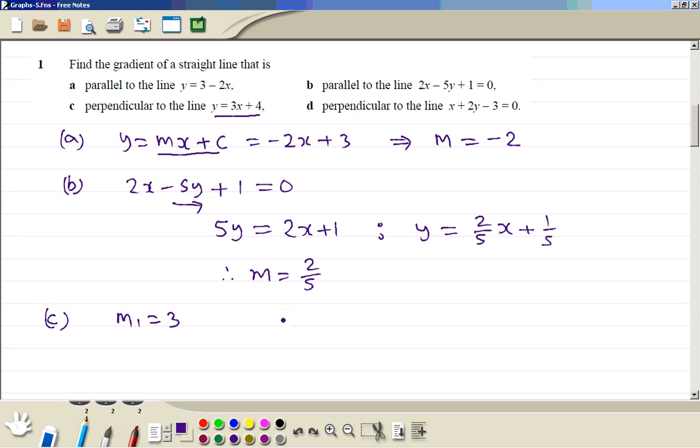Then the required gradient, we use that equation m2 is equal to minus 1 over m1. So therefore, the gradient we need is minus 1 over 3.